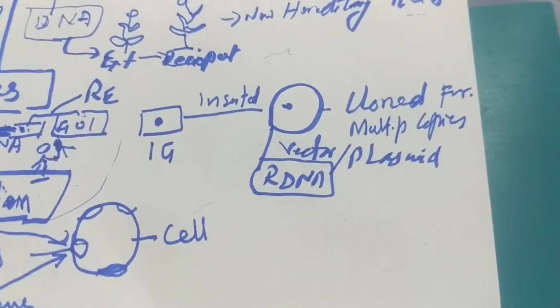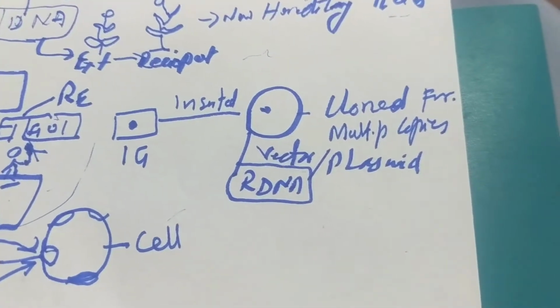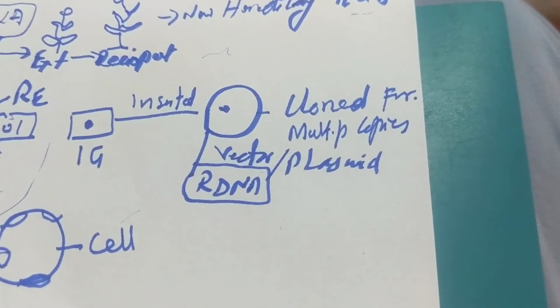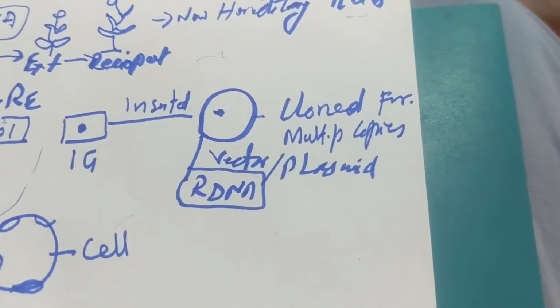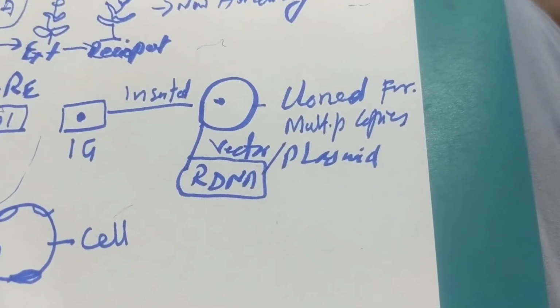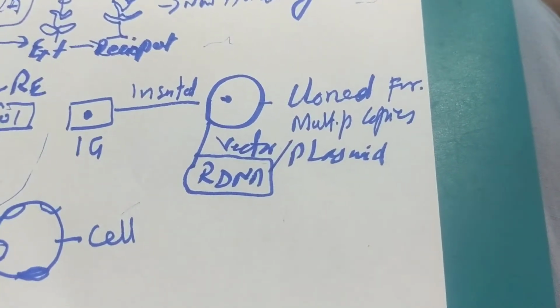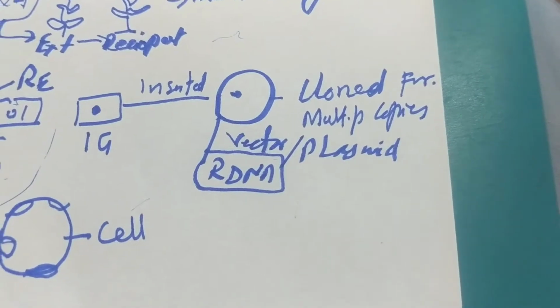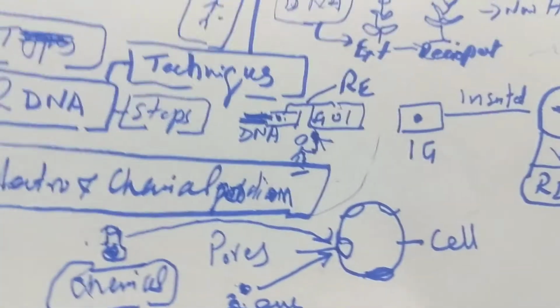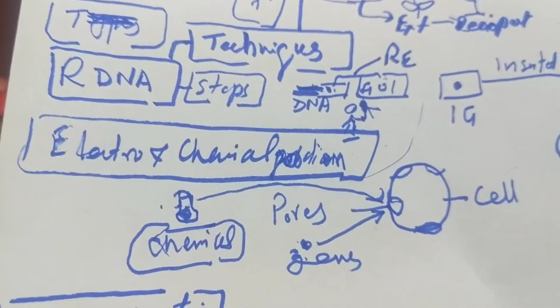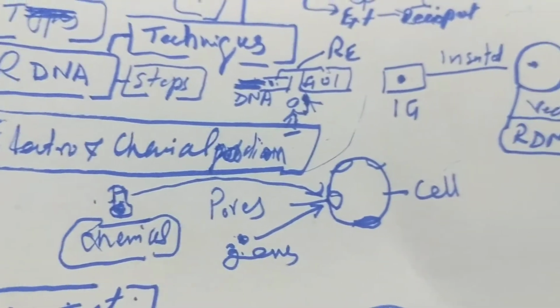So when this gene of interest is incorporated into the vector for cloning, this plasmid is now called rDNA, recombinant DNA.